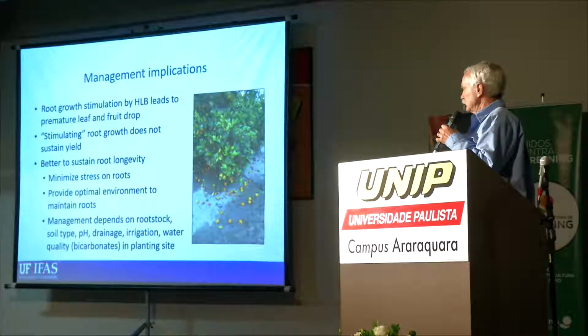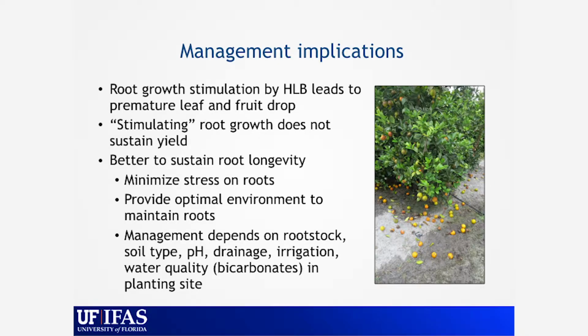And you see that as this fruit on the ground in a very early symptomatic tree. So this HLB infection process leads to premature leaf and fruit drop. Stimulating new root growth as a principle is not sustaining yield, and it's reducing yield, in fact.